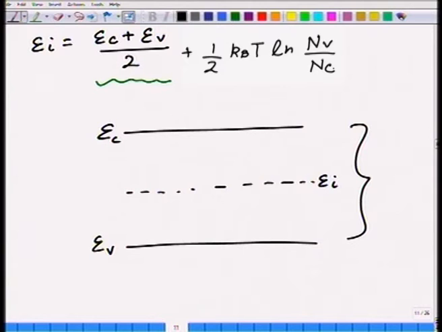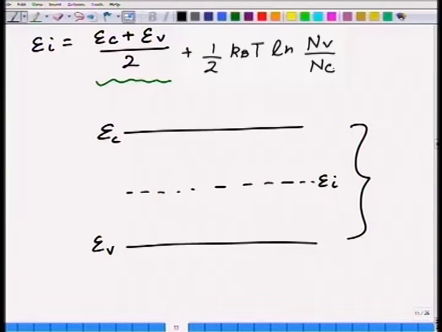In the case of silicon it is 1 electron volt, and in the case of germanium it is 0.66 electron volts. So, 3 kBT at room temperature is 29 milli electron volts. Let us say about 100 milli electron volts, or 0.1 electron volts.